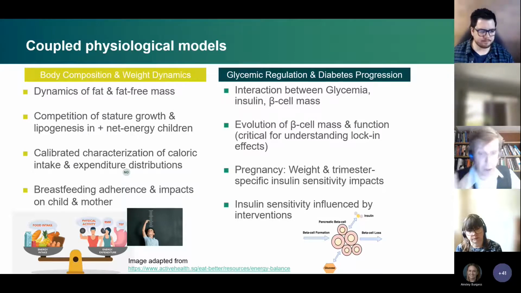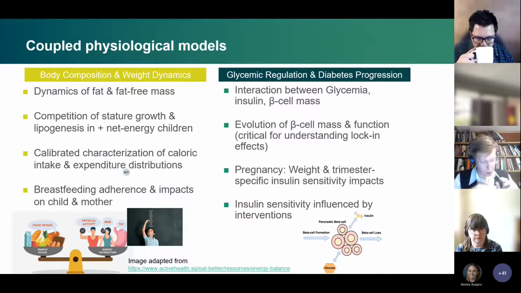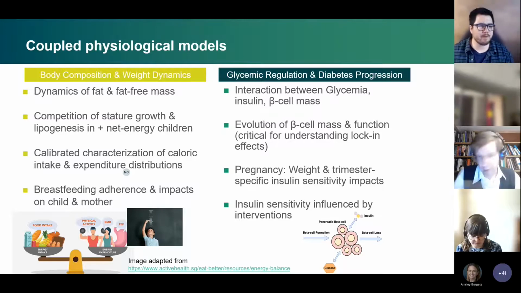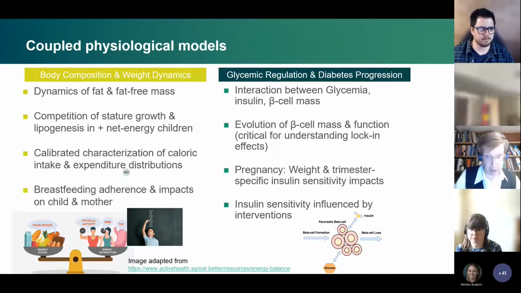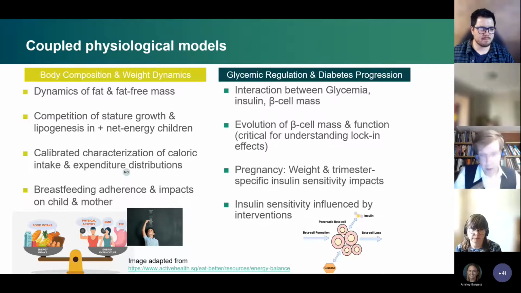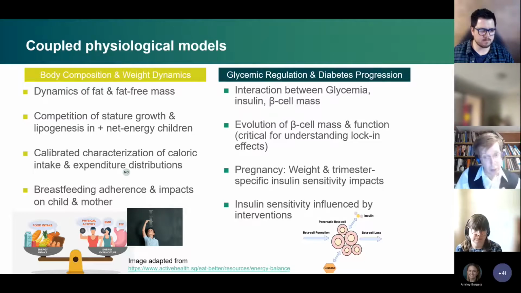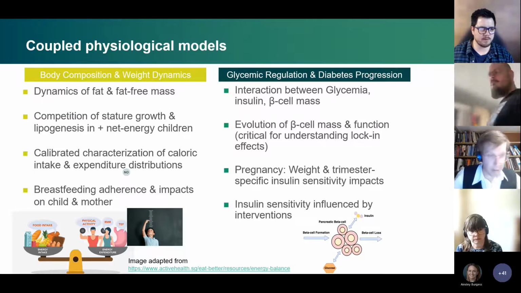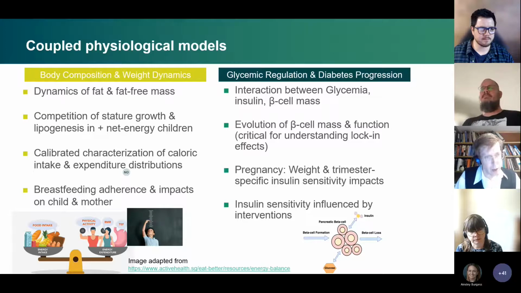And for childhood, this involves some pretty tricky elements because children, we hope, are net energy positive. They have more energy coming in than they're expending, to allow them to grow. The model captured this competition between growth processes on the one hand, using that extra energy, and lipogenesis, creation of fat reservoirs.